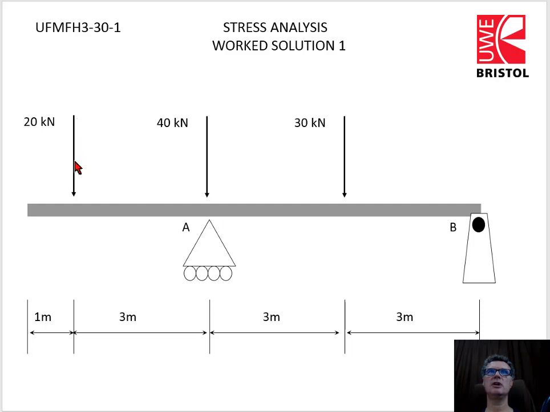So we'll set the reactions at that hinge to be going in those directions. We'll have one upward reaction at this pivot here, and we've got these three concentrated loads along the bar, which we've been given the coordinate positions of. So one is 1 meter away, and then one is 4 meters away, and this one from this edge is going to be 7 meters away, and so on.